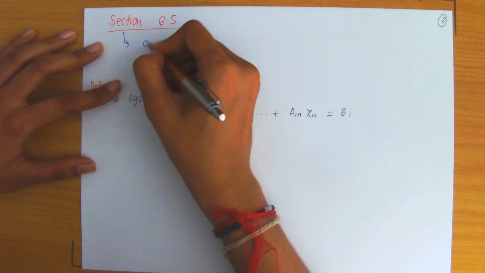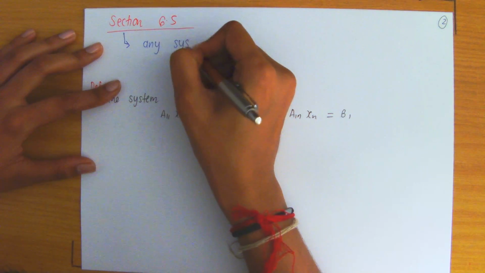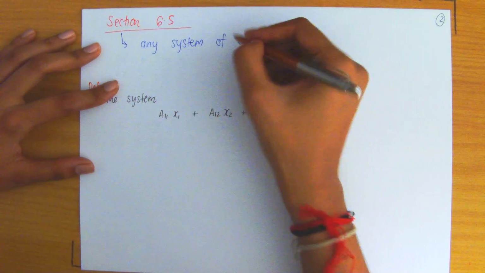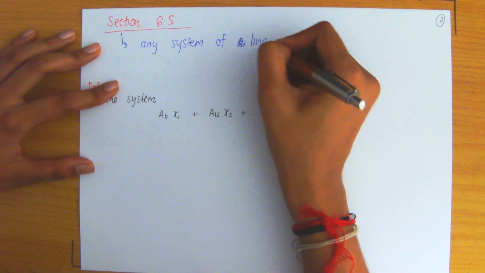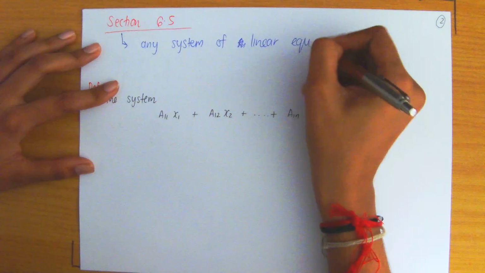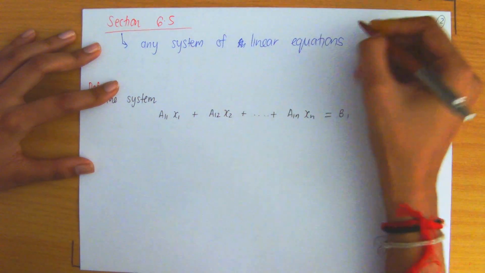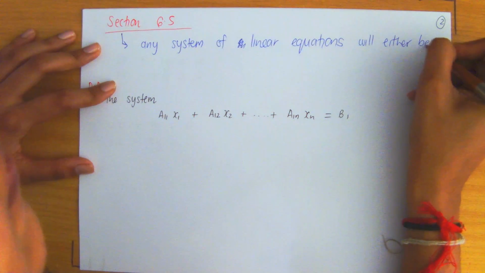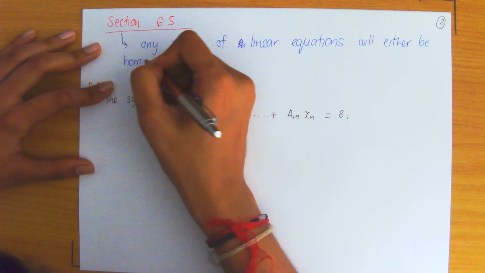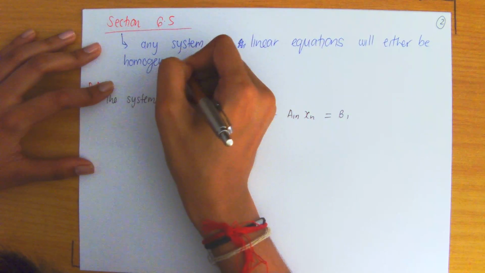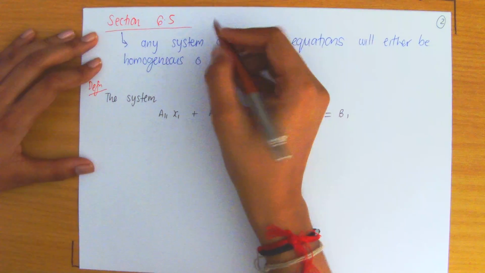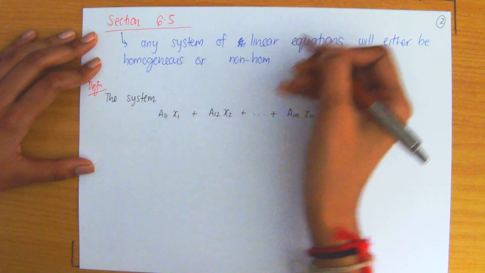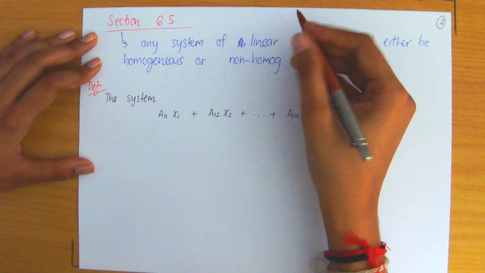Now it turns out that any system of linear equations, because that is what we are working with, will either be homogeneous or non-homogeneous. Right, so I'm using a term that I have not yet explained to you.